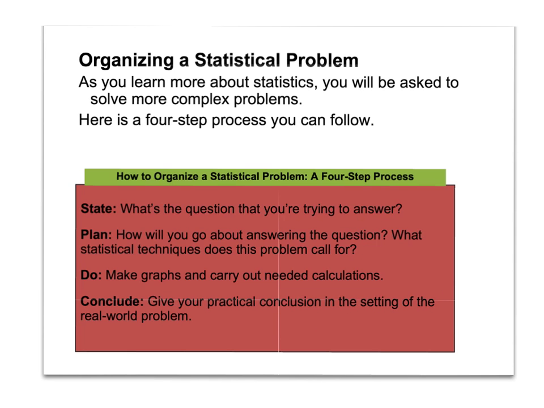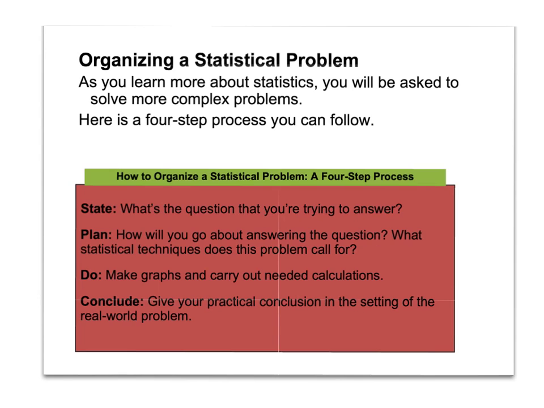As we get into very complex statistical problems, we're going to give you a way to organize that problem. And if you follow this process on every one of these problems and you do them correctly, you will do very well on the AP exam. It is a 4-step process that we're going to ask you to do every time we solve any kind of statistical process.